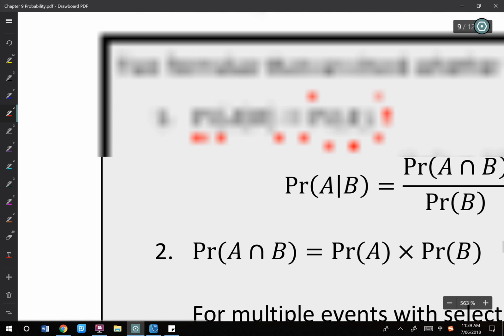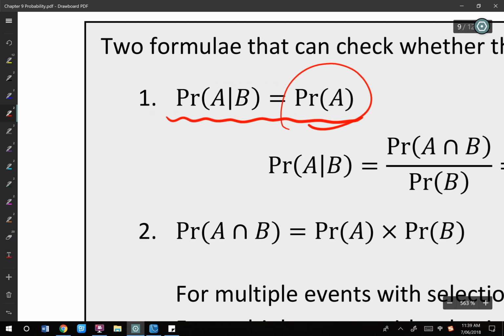This is more of a reasoning thing. Given B happened already, I'm trying to find the probability of A, but that is exactly the same as the probability of A. So whether B happens or not doesn't affect the probability of A. There's no influence between A and B, which means they are independent events.